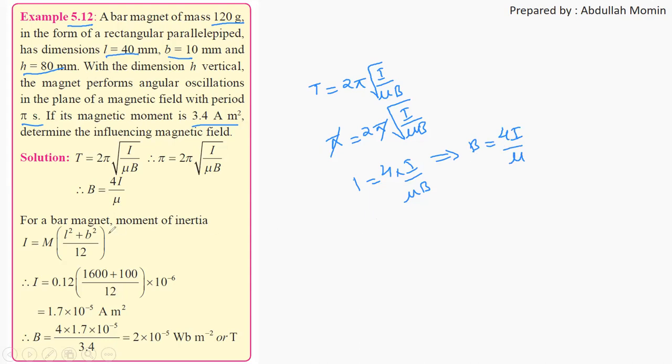For a bar magnet, the formula for moment of inertia is m times l square plus b square upon 12. By putting this value and solving for B, we will get 2 into 10 raised to minus 5 Weber per meter square, or Tesla.